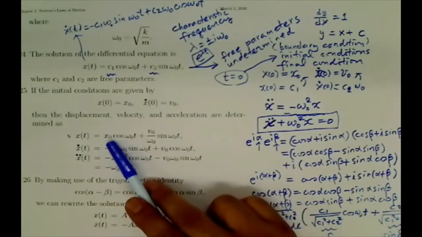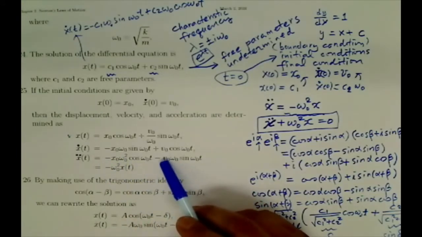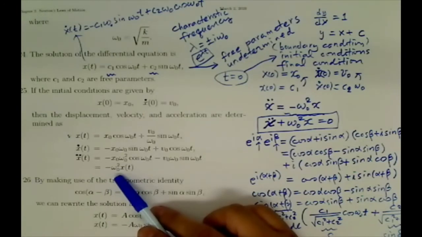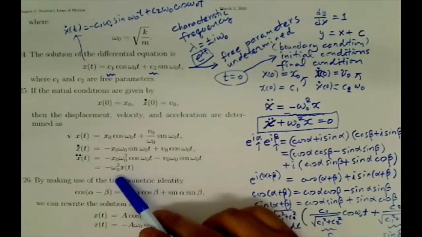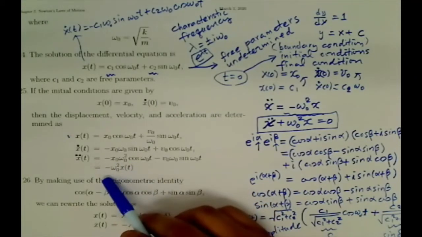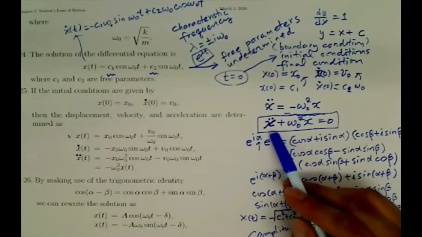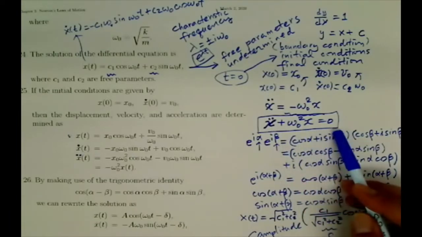This term is the original factor multiplied by omega 0 squared. And both terms have a negative sign. We can factor out this negative sign and omega 0 squared, and the remaining piece is the original displacement with the time dependence. If I move this right side to the left-hand side, we end up with the original equation of motion, that is x double dot plus omega 0 squared x equals 0.